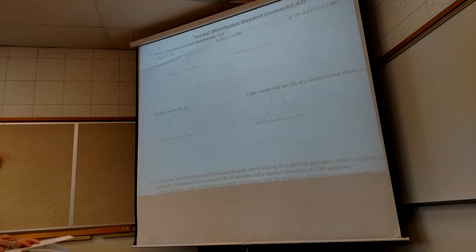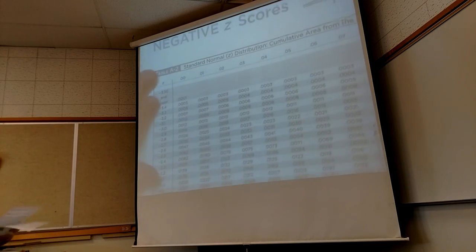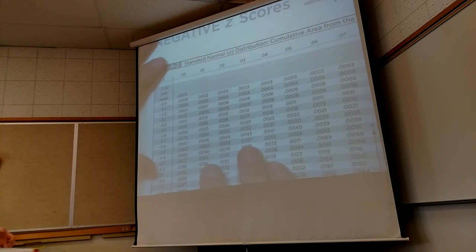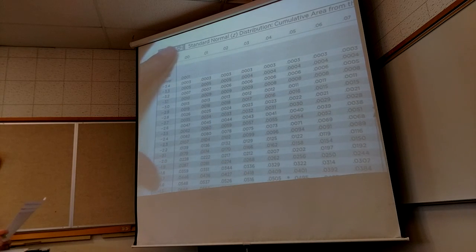So here's how this chart works. If I wanted to get -1 exactly, you see how this is the first decimal place and this is the second. I can't remember if I said this to everybody, but z-scores, we normally round them to 2 places because the chart we're going to use only goes out to 2 places.